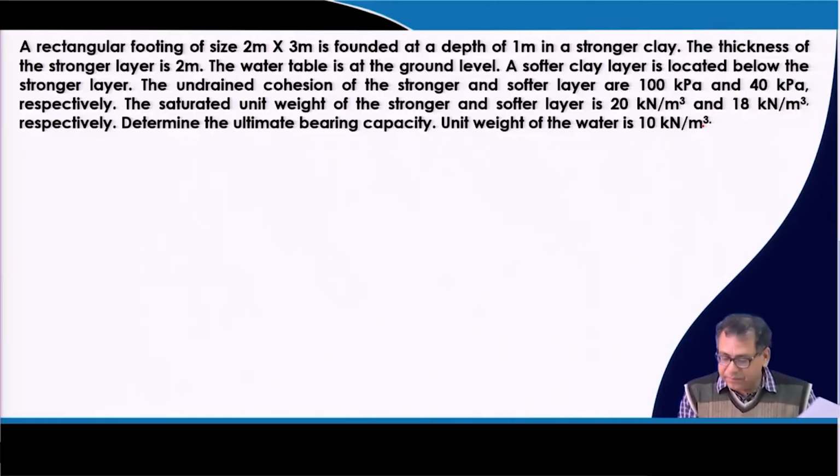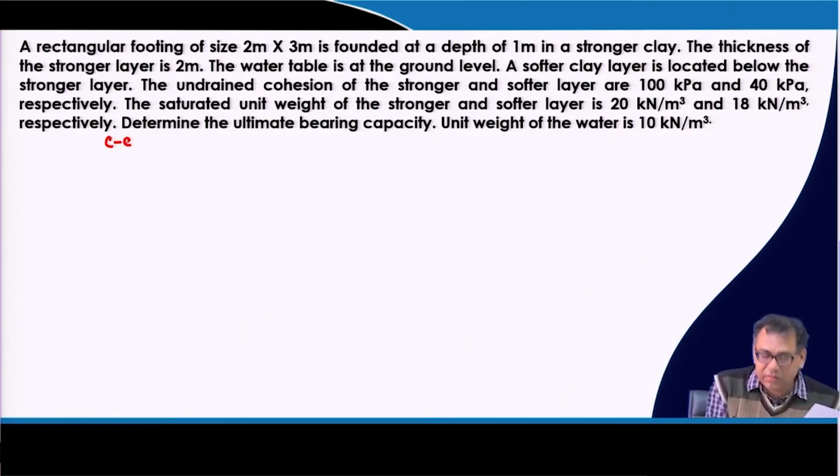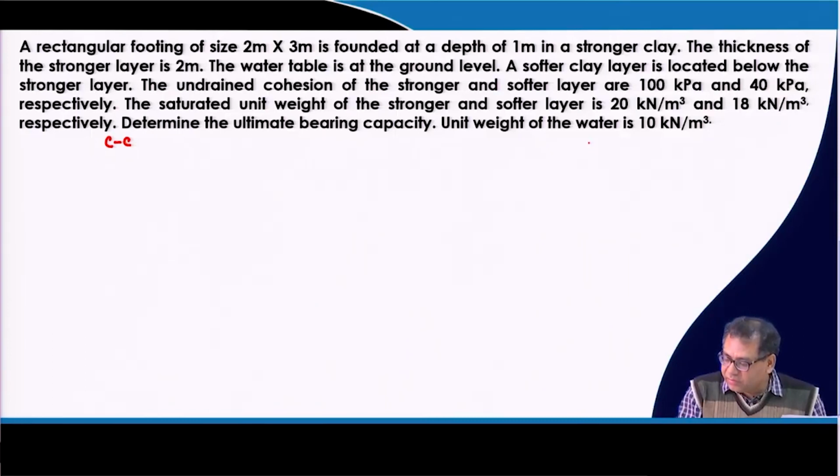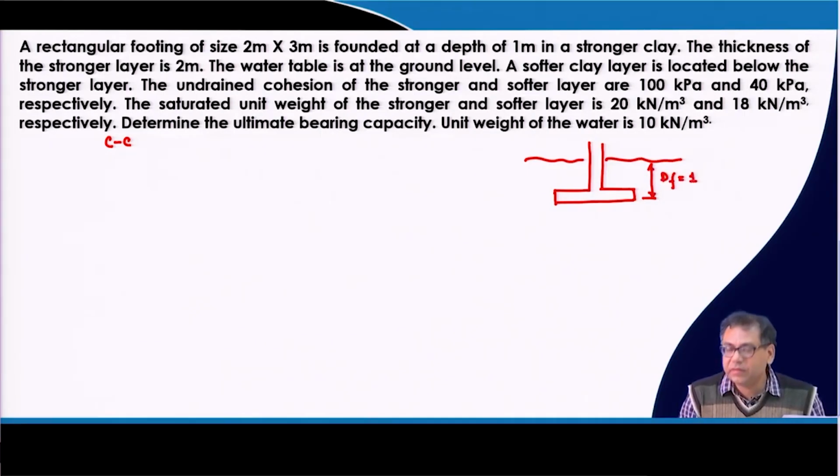Now, in this problem both the soils are cohesive soil. Your foundation is resting at a depth of 1 meter. So your depth of foundation Df is 1 meter, the width of foundation is 2 meter, and the thickness of the stronger layer is 2 meter.